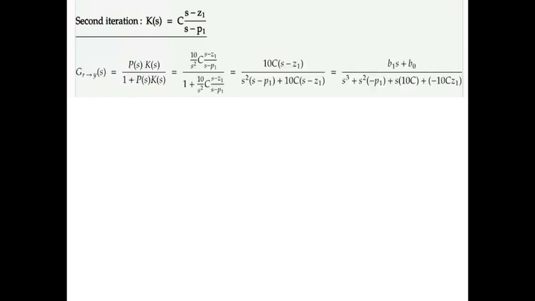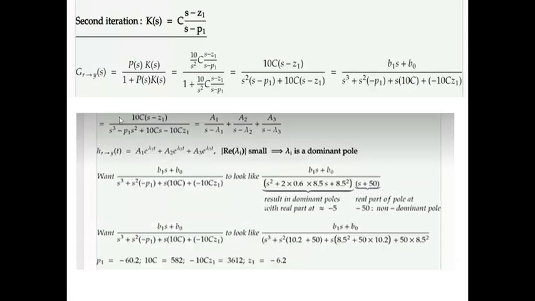So what we mean is the transfer function can be broken down into partial fractions of its roots, and we see that the impulse response is expressed in this form. If two of the roots combine to form the second order solution, and one of the roots has a large magnitude, that would imply that this particular root won't have much effect compared to the other two components.